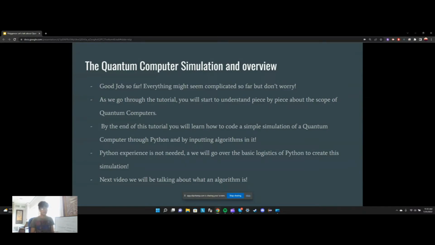Piece by piece, of the true content behind what a quantum computer is, the basic logistics. And we're also going to be understanding the basic scope of the code we're going to be needing to create the simulation of a quantum computer in Python. And again, Python programming experience is not needed, as we will be going over the basics of Python to create the simulation. So please do not worry about that at all.